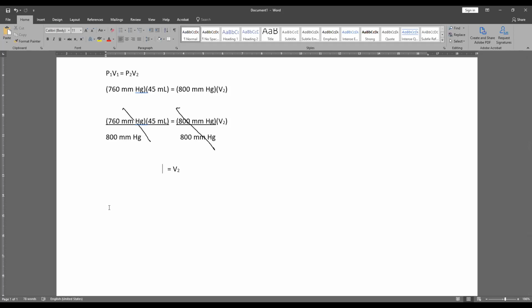So we are now following the rule, MDAS: multiplication, division, addition, and subtraction. This is the rule of solving scientific problems.